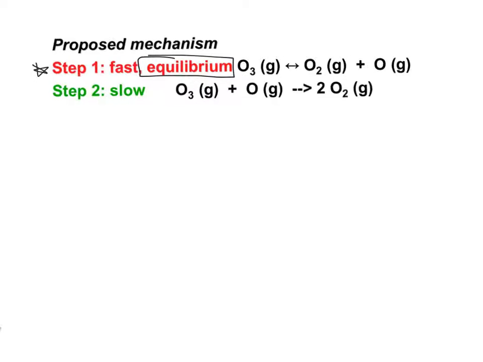So there are 2 rate laws that I can come up with. I can have a rate of the forward reaction equal to K1 concentration of O3. So that's the rate of the forward reaction.